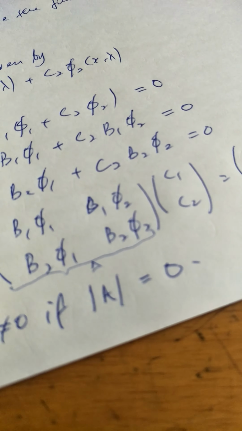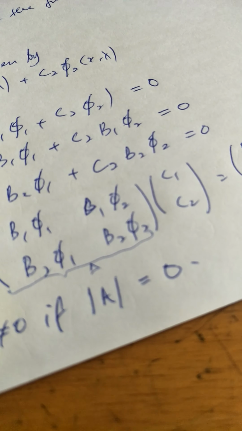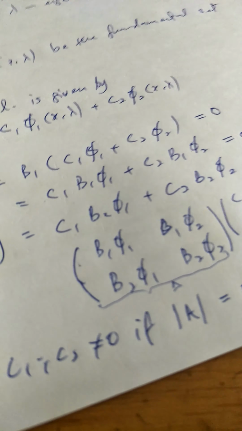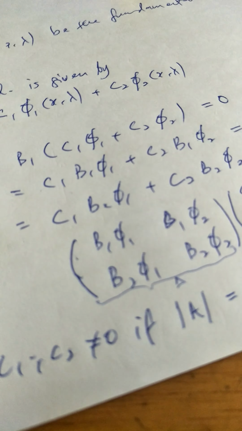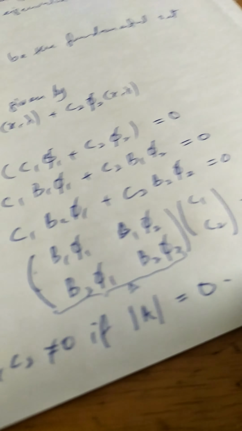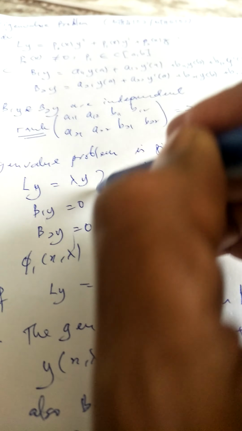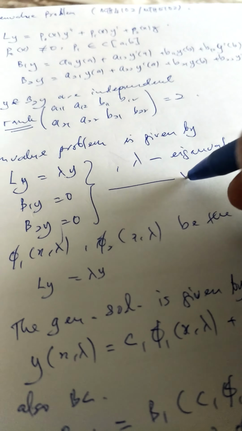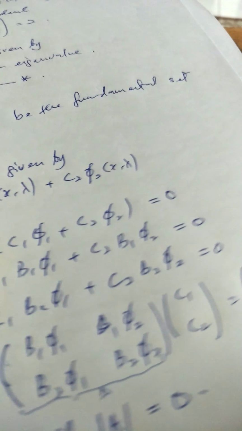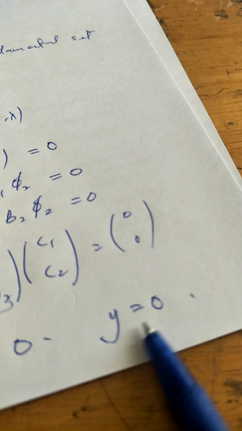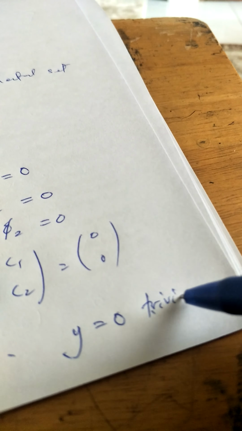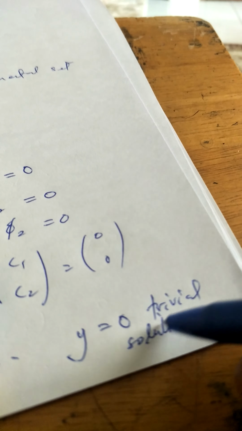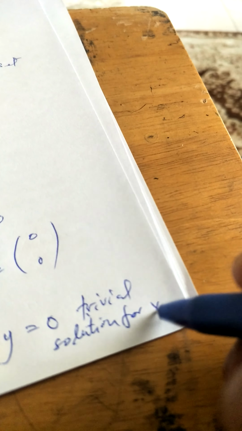So the roots of that equation will give you the eigenvalues. Clearly the solution y equal to 0 is a solution of that system. Let's call that system star. So y equal to 0 gives a trivial solution for system star.